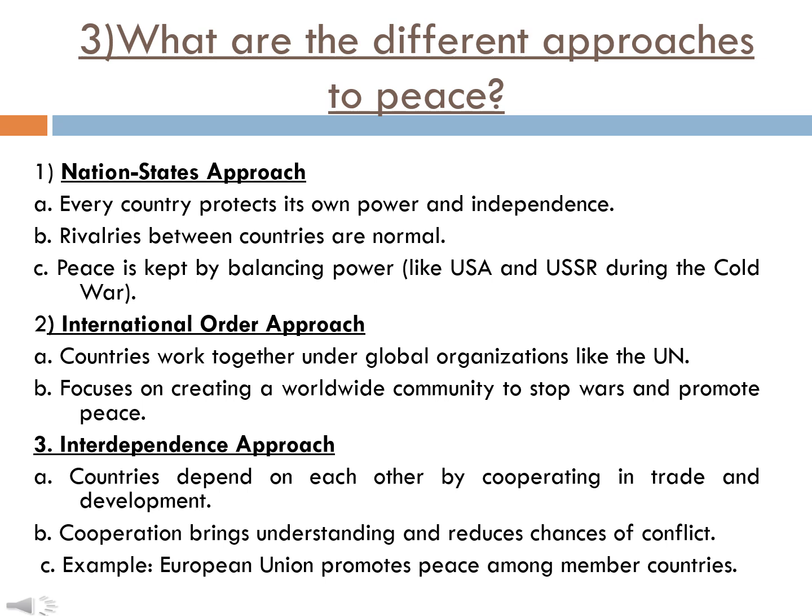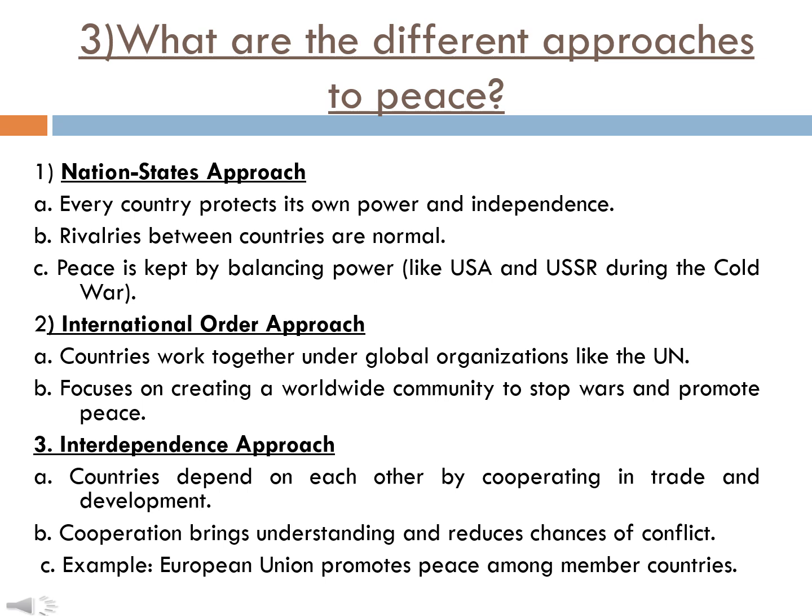Third question, what are the different approaches to peace? First one, nation states approach. Here every country protects its own power and independence. Peace is kept by balancing power, like USA and USSR during the Cold War. Second approach, international order approach. Here countries work together under global organizations like the United Nations, focusing on creating a worldwide community to stop wars and promote peace.